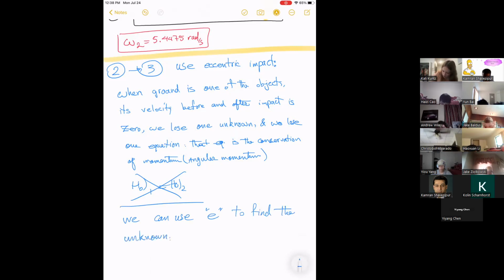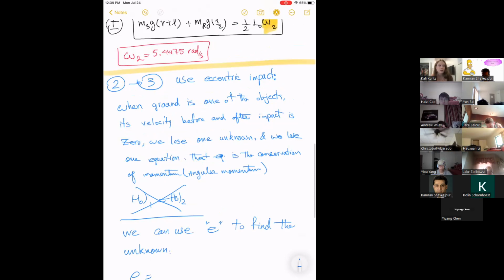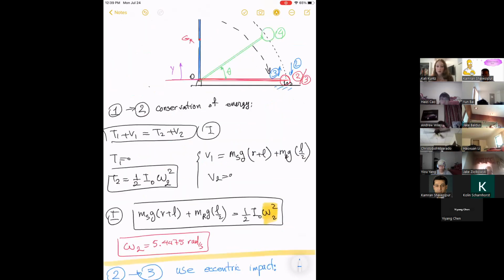In this case, now, pay attention here for a second. One object is ground, right? Remember, again, the point of impact is here, right? So I have to find the velocity of the pendulum at this point, right?